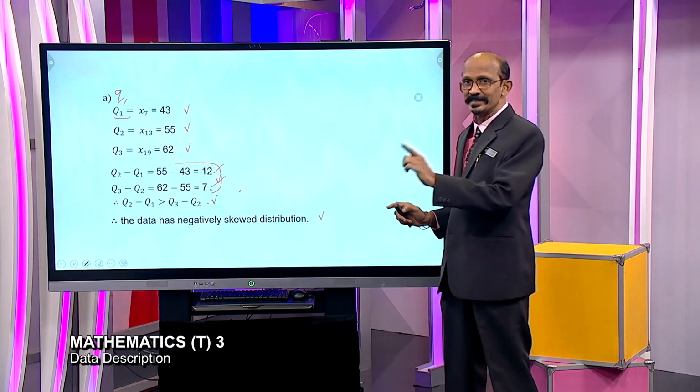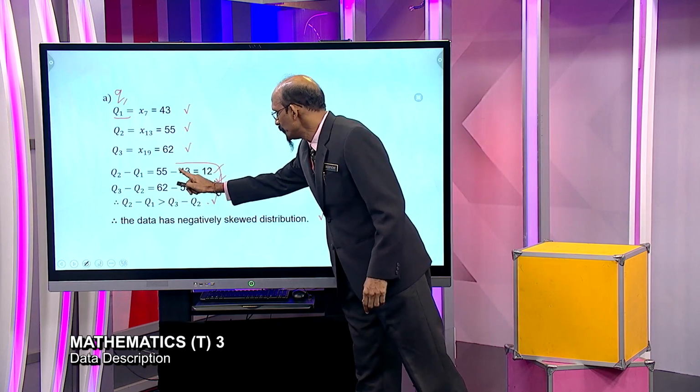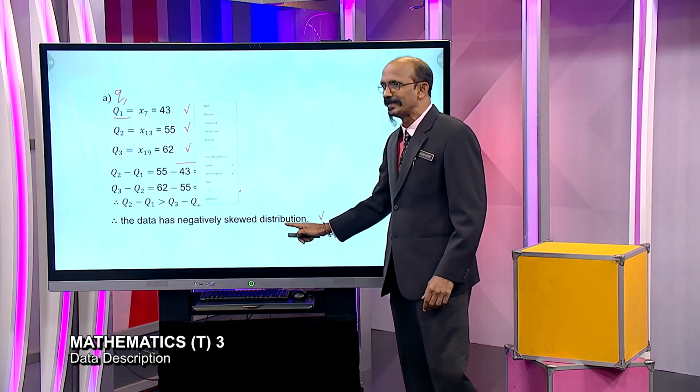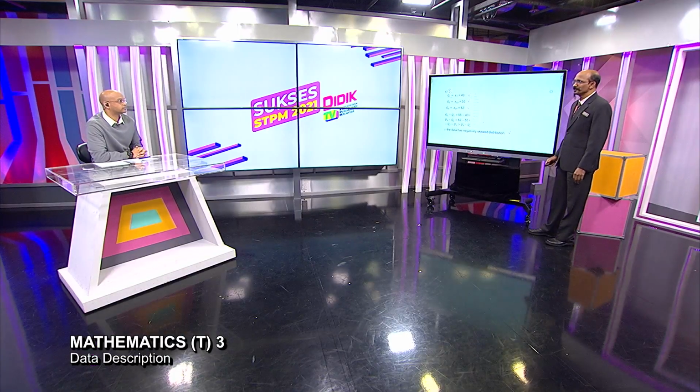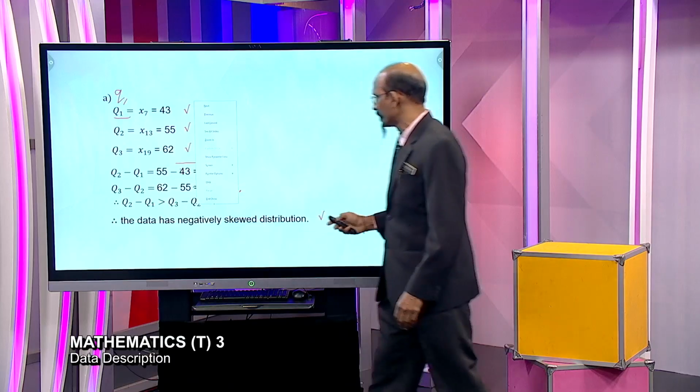If they never do any of these and straightforwardly give the correct answer, negatively skewed, the mark will be 0. So the working is more important, the method of obtaining your answer, given with the reason.